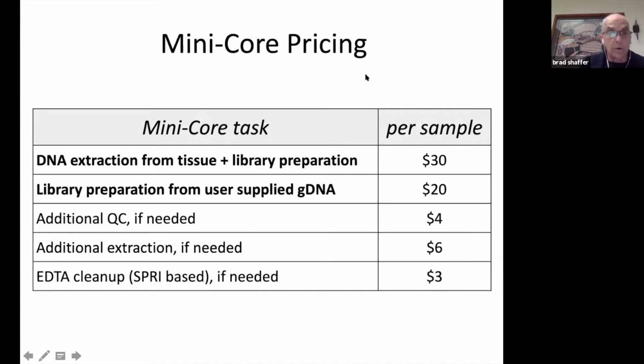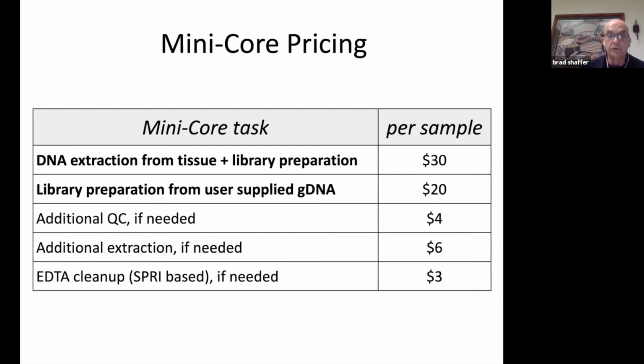Our pricing. We've been working hard on this, trying to figure it out. Let me just run this through with you quickly. This is the current pricing that we think we can do and pretty much break even. If you send good, high quality tissue to us, and we extract DNA from that tissue, make libraries and pool those libraries, that'll run $30 a sample, okay?